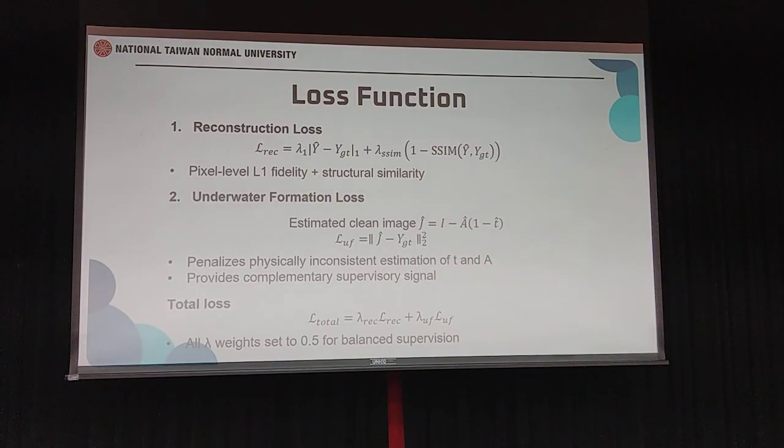Using the estimated transmission map and background, we reconstruct a physically possible clean image and compare it with the ground truth. This loss encourages the physical estimates to be more consistent with the underwater imaging model. The final loss is a weighted combination of these terms.